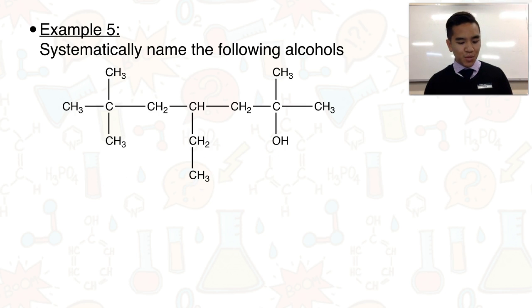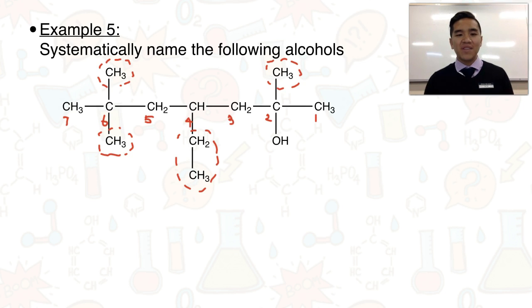One more example. In this case, again, determine the longest carbon chain, and it needs to contain the OH group. So we've got 1, 2, 3, 4, 5, 6, 7. So it's going to be a heptanol, and we're just going to number from right to left to give the OH the lowest number. Let's indicate the methyl groups and the ethyl groups.